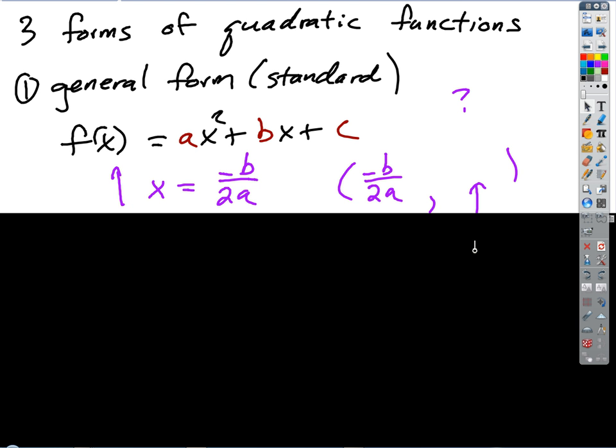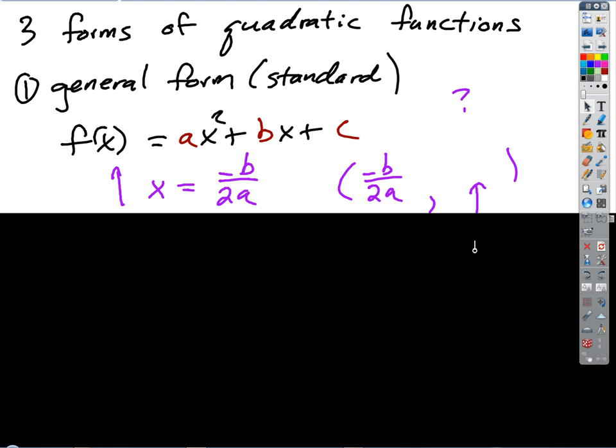Now, what do we always do if we want to find a y value that goes with an x value? Plug in the number. We find the value of x, plug it into the function and calculate the value of y. No big deal. So once I know that, I've got the ordered pair that corresponds to the vertex.